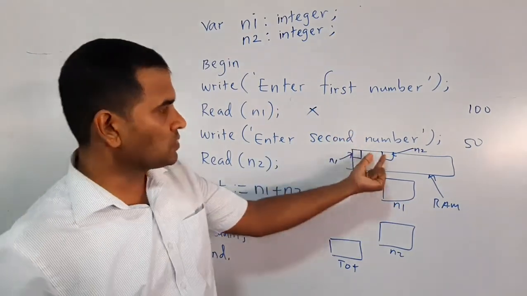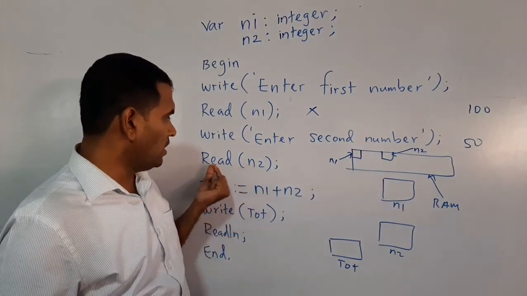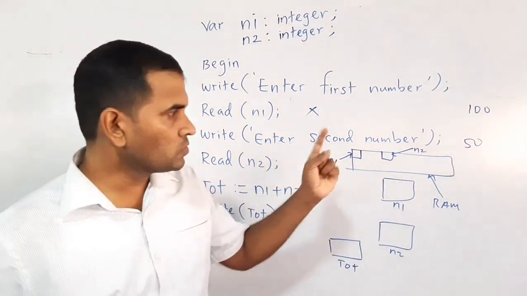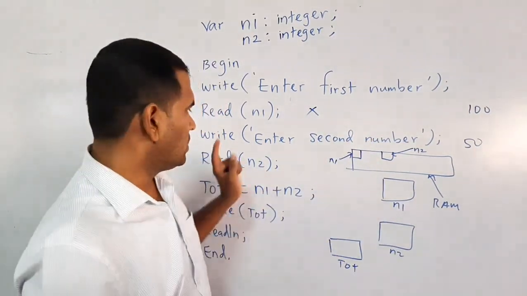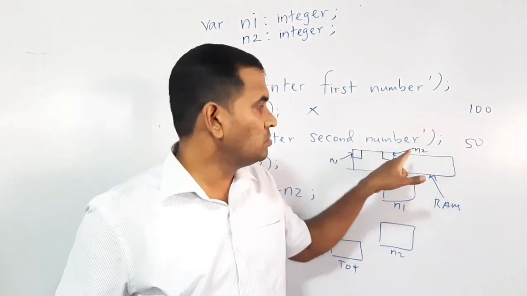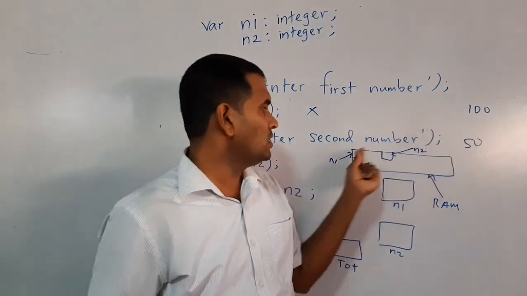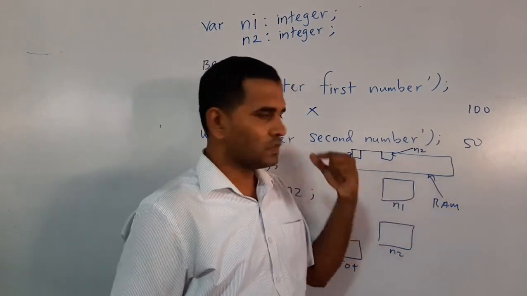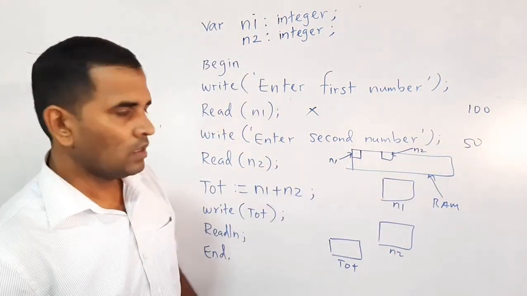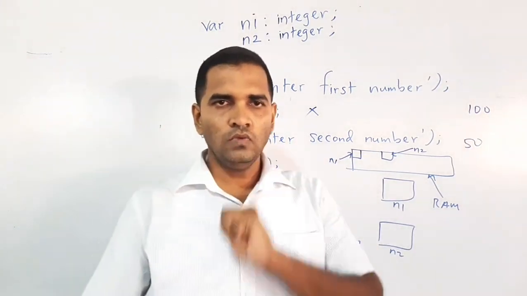There is a space waiting. Now when the computer reads read n2, it knows that location and straight away puts that 50 in n2. Have you understood? 100 is in n1, now 50 is in n2. Both inputs are kept inside two variables.